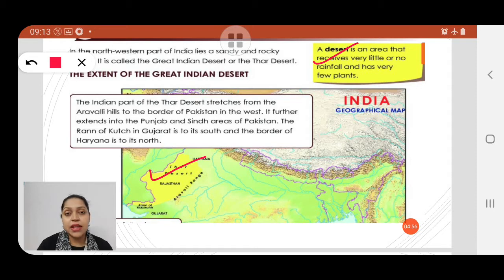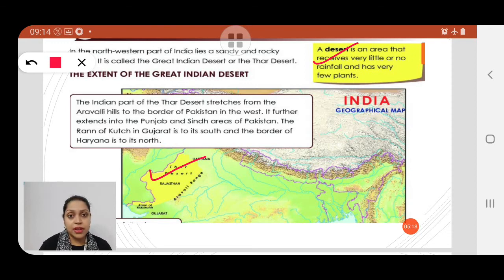Then it further extends into the Punjab and Sindh areas of Pakistan. You might not know, but there is a Punjab in Pakistan also. Before independence, there was one very big Punjab.